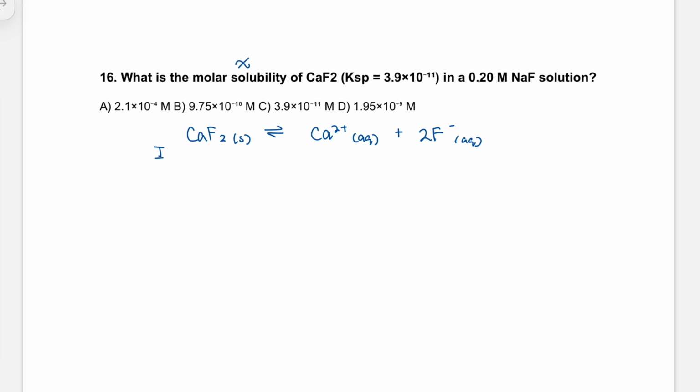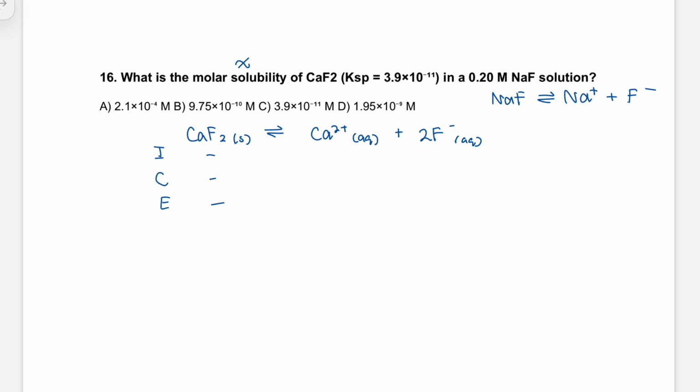So let's set up our ICE table. We have a 0.2 molar NaF solution, and this NaF solution dissociates into Na plus and F minus.